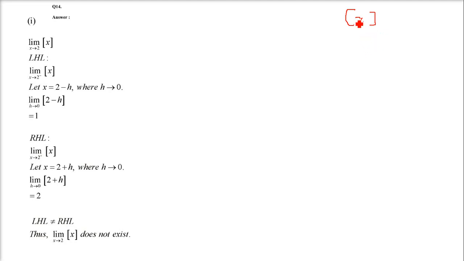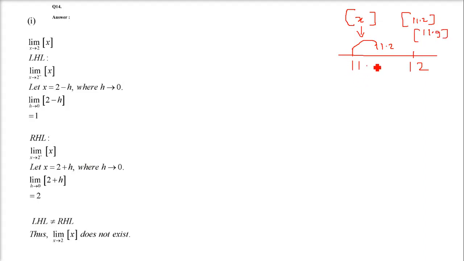If you are between 11 and 12, and you have any value, like 11.2, 11.4, 11.8, whatever you put, you will always get 11. Even 11.9, 11.1, you will always get only 11.